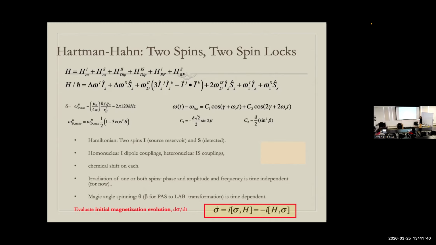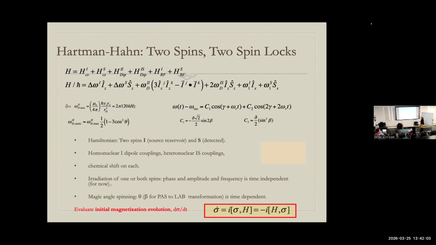So 2 spins, I and S. You have to worry about homonuclear dipole couplings and the heteronuclear that we want. If I leave out the homonuclear, it's just not very accurate.